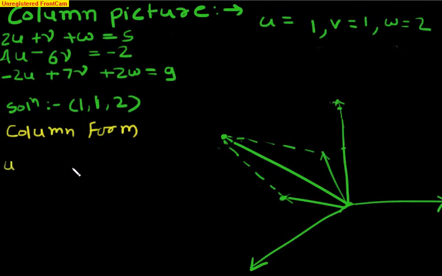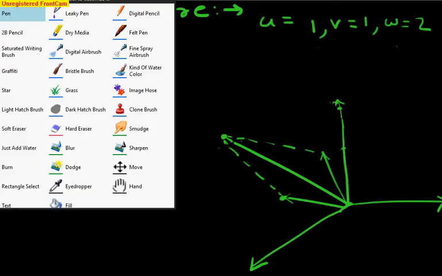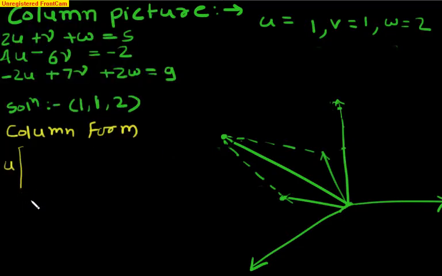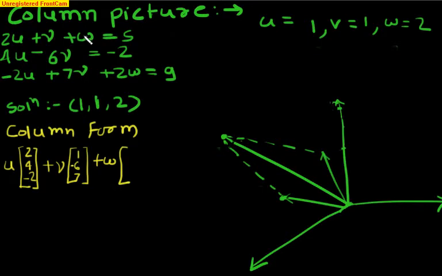We have variable u times the column 2, 4, minus 2, plus v times the column of coefficients of v, 1, minus 6, 7, plus w times the column of coefficients of w, 1, 0, 2, equal to the right-hand side 5, minus 2, 9.